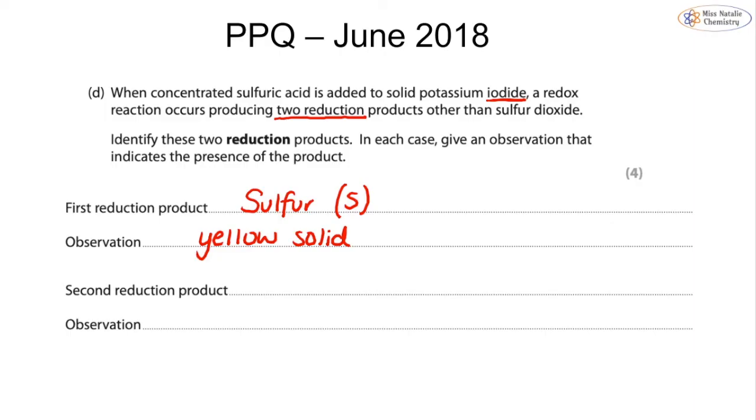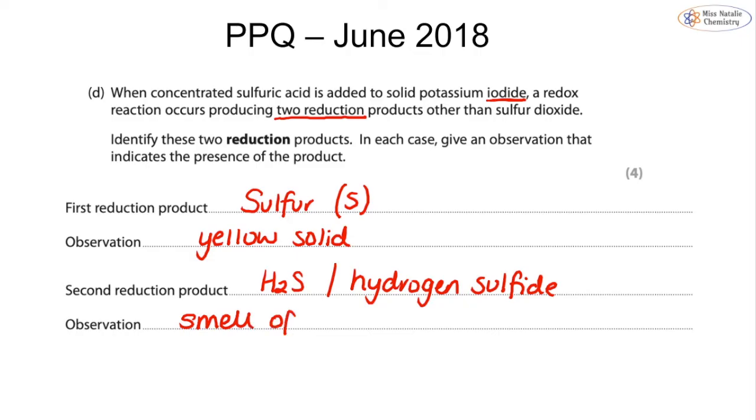And the second reduction product is going to be H2S, or hydrogen sulfide. Again, name or formula is acceptable, and that's going to give you a smell of rotten eggs. Remember, it is a colourless gas, so you can't say that you're going to see the gas, but you do smell the gas.